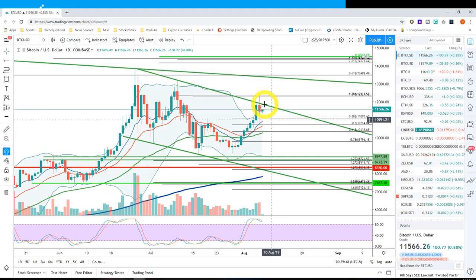we're getting ready to see with Bitcoin whether it falls back into this area or if it does break this and it breaks the fib cluster right there, then boom. I mean, it's going to get into the 13,000s pretty quick. There is nothing resistance-wise that I have.